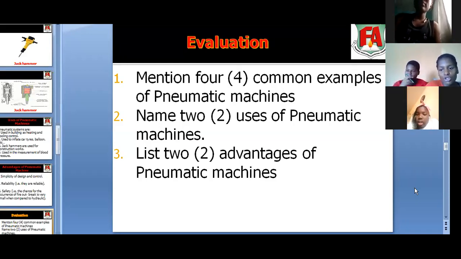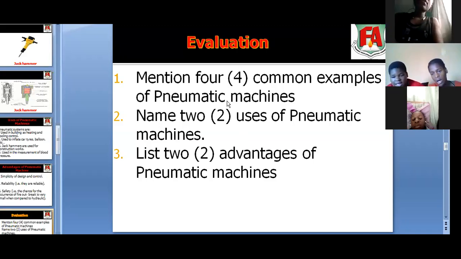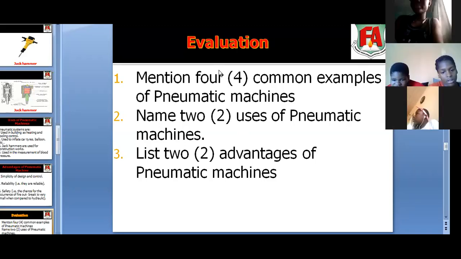Safety. Yes, they are reliable. They are safe. And what else? Simplicity of design and control. Exactly. That's correct.